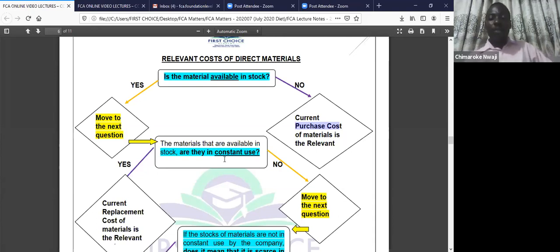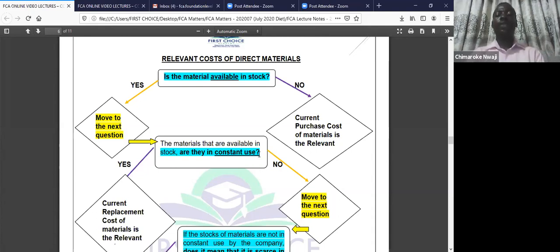But now it is available, and we have taken whatever was available, we are replacing it back. So the purchase cost and the replacement cost could be the same figure, but the technical term is replacing when you take something, but when something is not there, you are purchasing it anew.